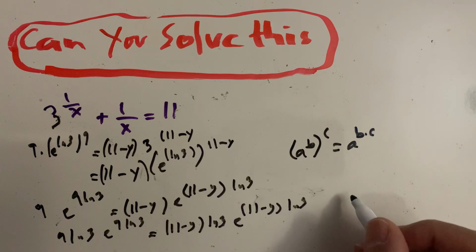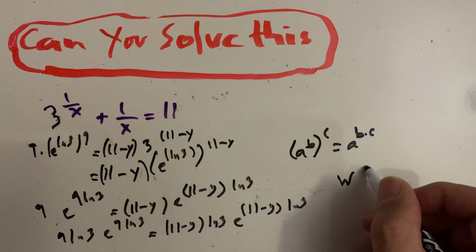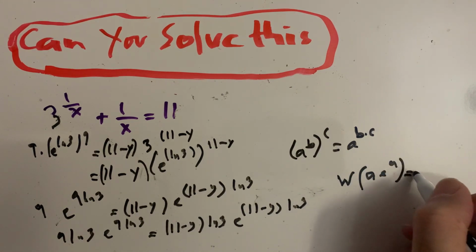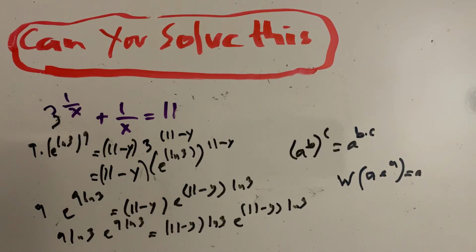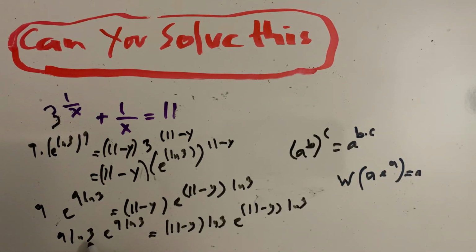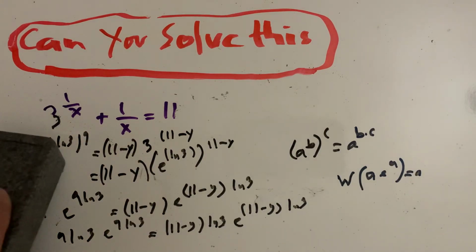The Lambert W function is defined as: the Lambert W function of a exponential of a is equal to a. So in this term, our a here we can replace by 9 log 3, and the a here would be 11 minus y times log 3. So in other words, let me erase this here to rewrite the whole thing.